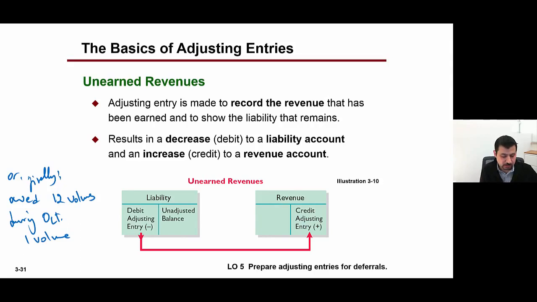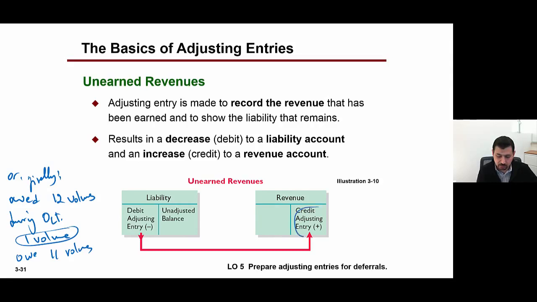And what happened now is, how much do they still owe? Now they owe 11 volumes. So what happened to the liability account? The liability account has decreased, and when liabilities decrease, we debit them. At the same time, they earned this one volume, so their revenues increased, and this is why the company credits the revenue account.